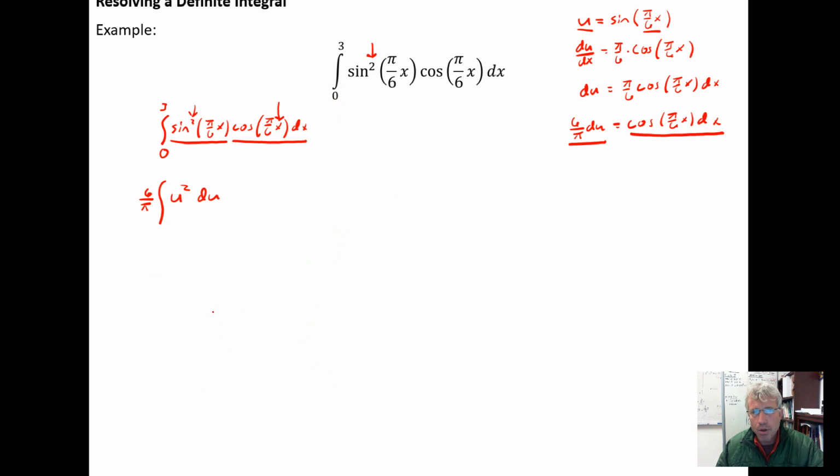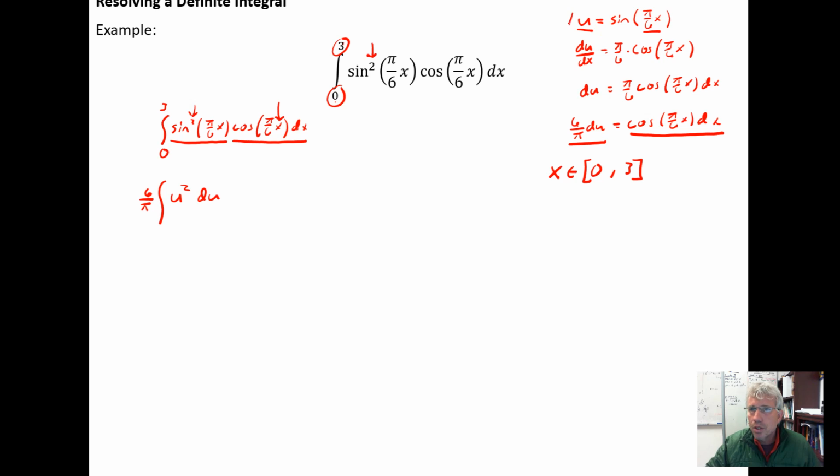But what I can also do is convert my bounds of integration from variable x world over to variable u world. So these bounds of integration are telling us that x is running over the closed interval from 0 to 3.